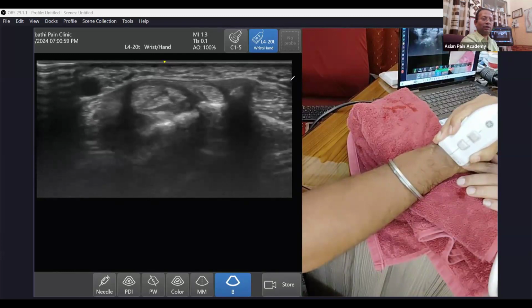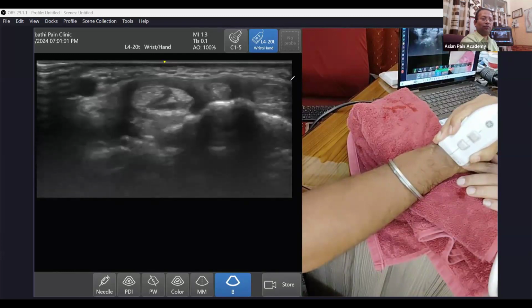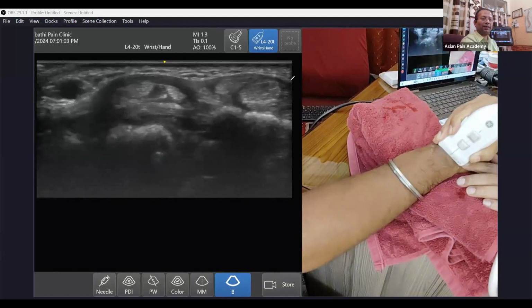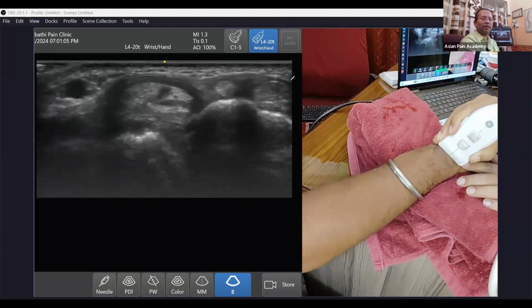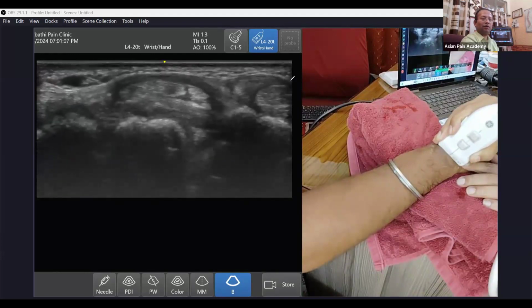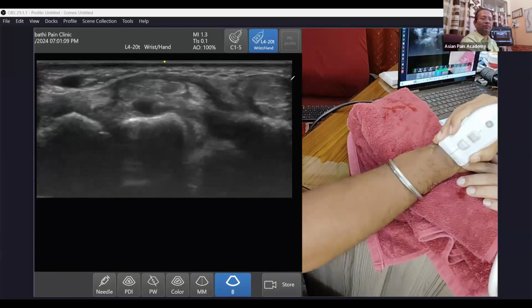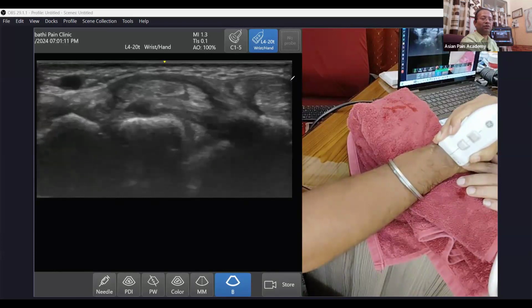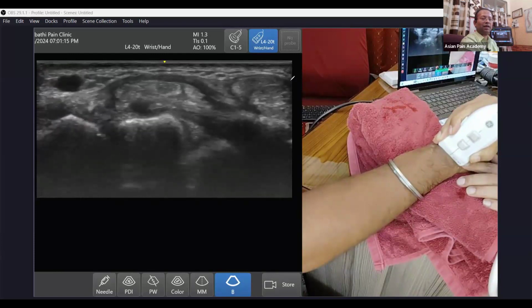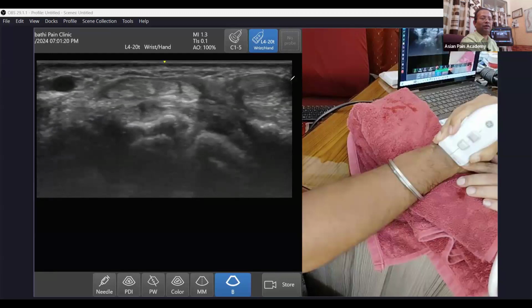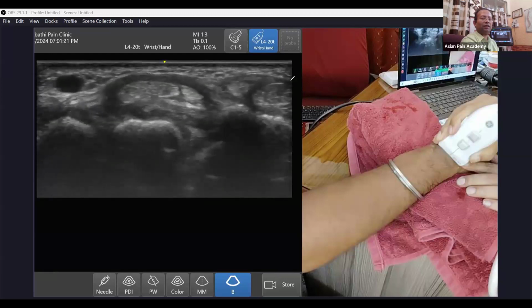From here also actually you can go. This is better. So this is the area where the fibers are much better, going down and inserting at the same area just above the tendon, the hypoechoic area, but you can see the fibers just going down and inserting over the radius.